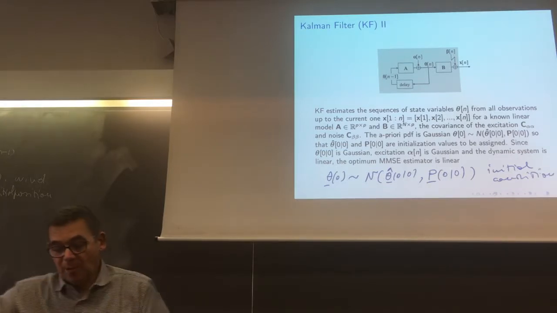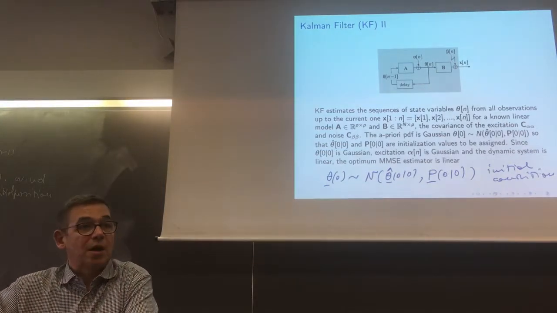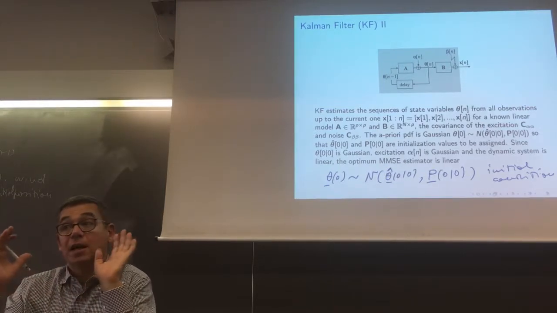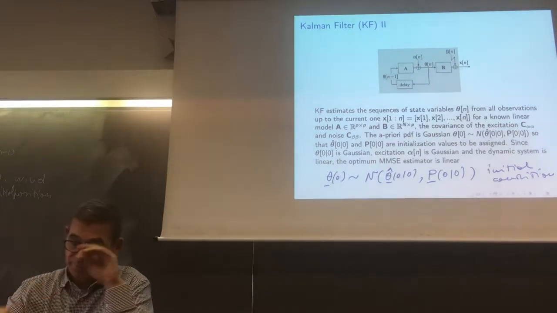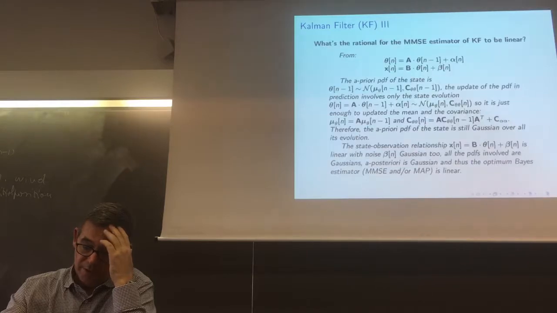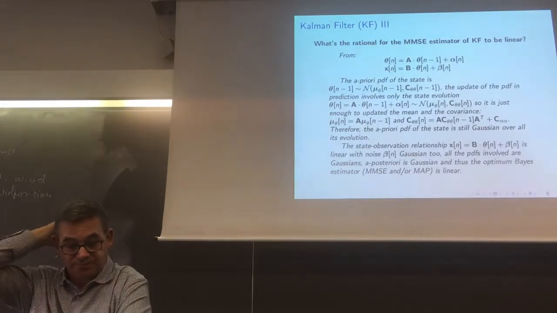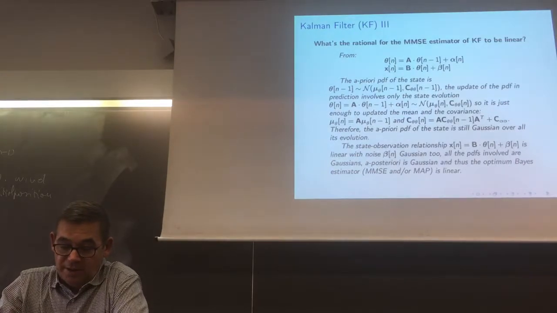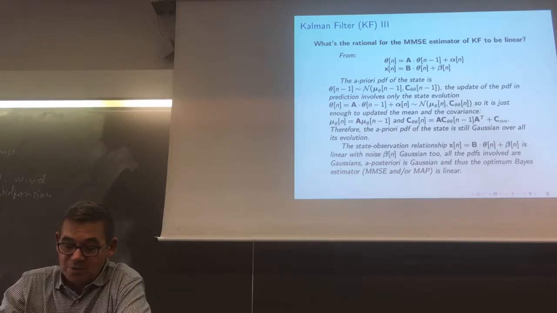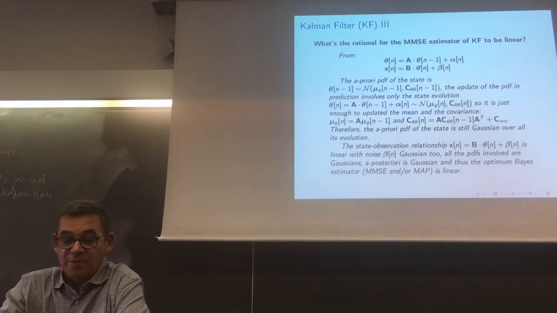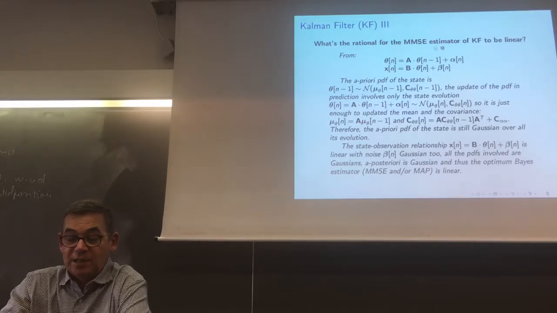Now we make a remark on that, but let's assume that it's a Gaussian. This is the classical Kalman filter assumption. Now, what we need to do is find the estimator. Here is what I already told you. What is the rationale for the MMSE estimator in the Kalman filter to be linear?